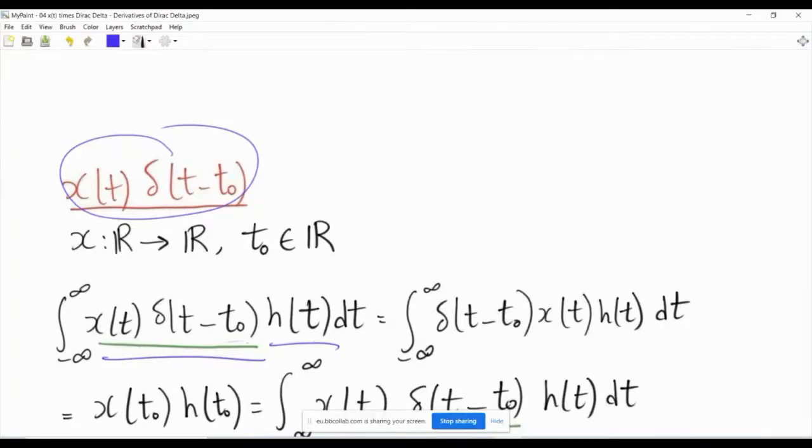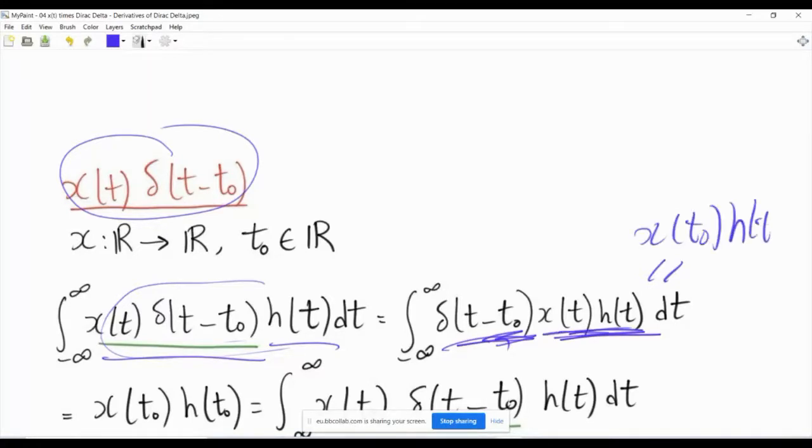If you integrate this thing here, what is the result? You can rewrite the integrand as the integrand of the Dirac delta multiplied by this guy. What is the rule? The rule is that the Dirac delta living at t0 will evaluate this function at t0. So this is x of t0, h of t0, right?